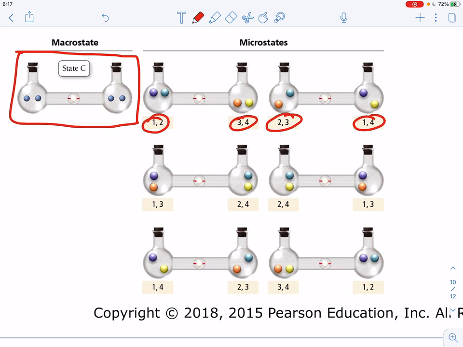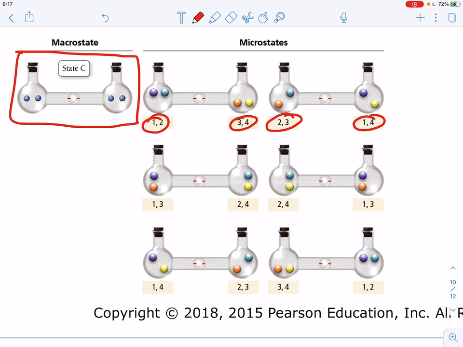One is its own molecule, two is its own molecule, three and four. They are all different molecules. So these are different combinations, different arrangements in which you can have two molecules on each side of those chambers.